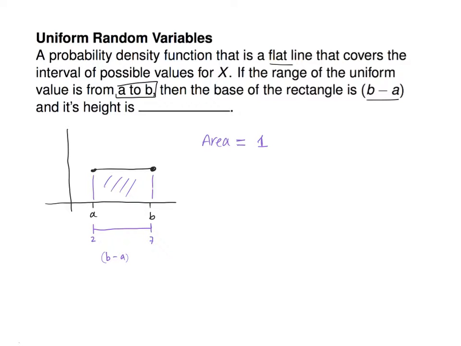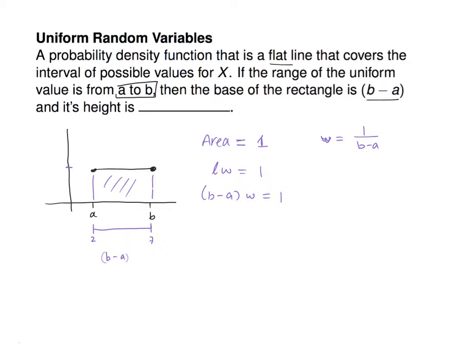Okay, so if I have that area is length times width, has to equal 1. If my length is B minus A, times W equals 1, can you solve that for W? So what's W got to equal? 1 over B minus A. Exactly.